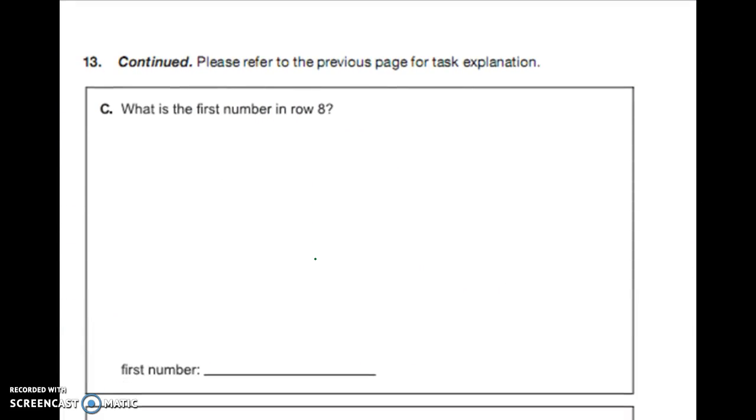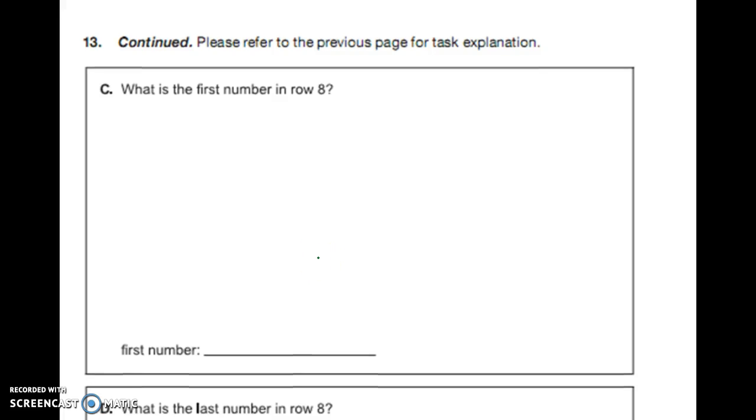For the last one, it says, what is the first number in row 8? If you continue the pattern, remember, we ended row 5 with 43. So keep going: 43, 46, 49, 52, and so on and so forth. You may be able to come up with a pattern, because if I know the difference in each row, I know that row 6 starts with 46.